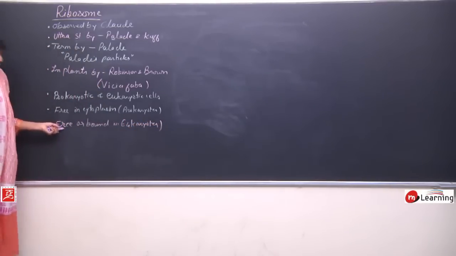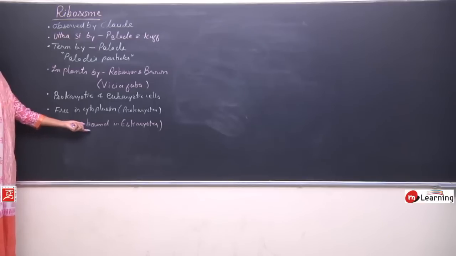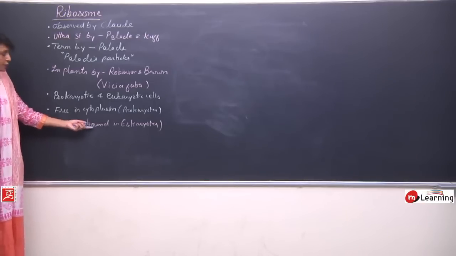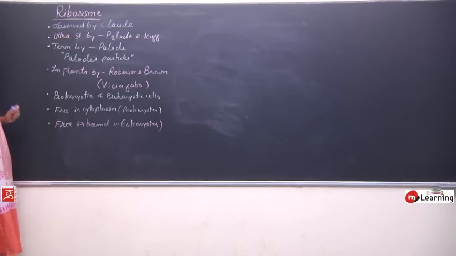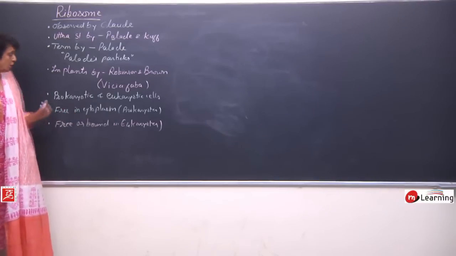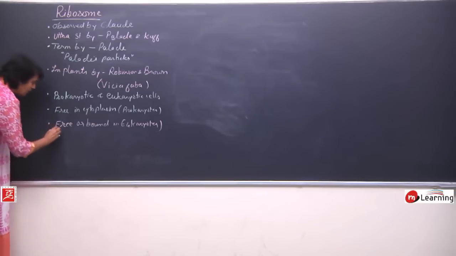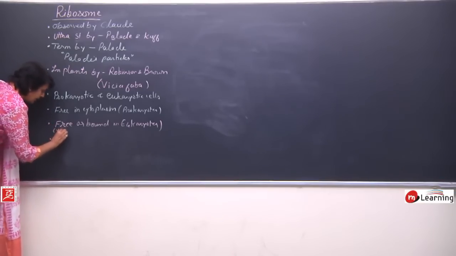Free means again in the cytoplasm, and bound means attached to the membrane of ER or vesicles, which we have seen when we were talking of the endoplasmic reticulum. So free or bound, that is seen in case of eukaryotes. The free ribosomes are found in the cytoplasm.